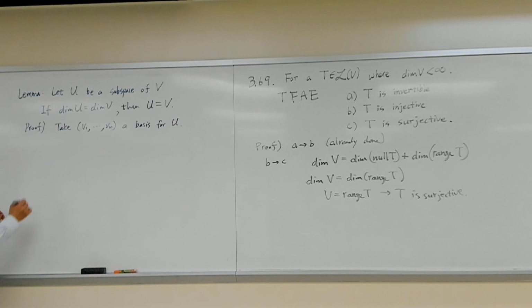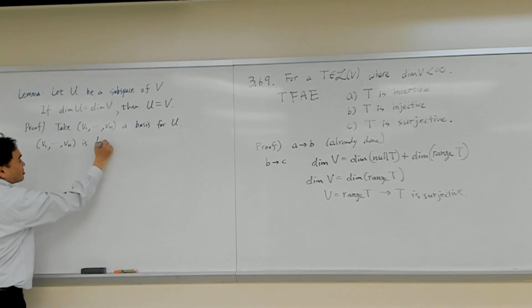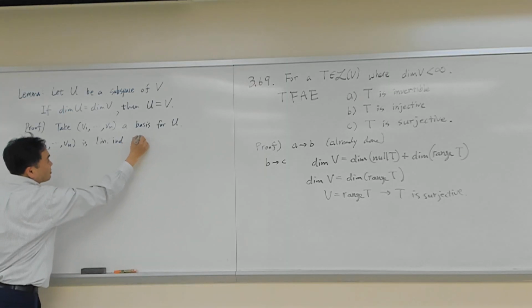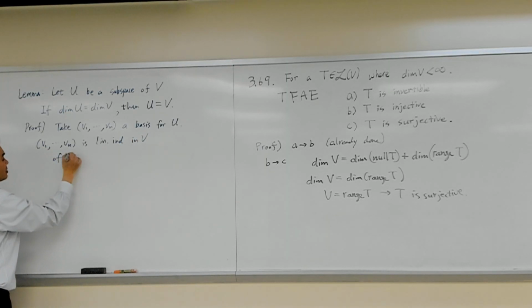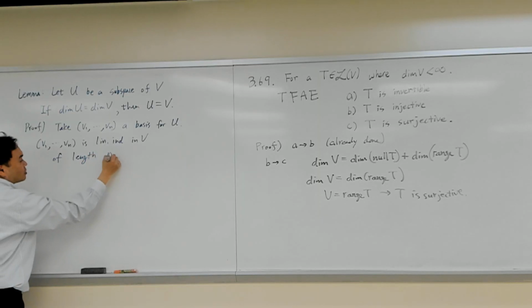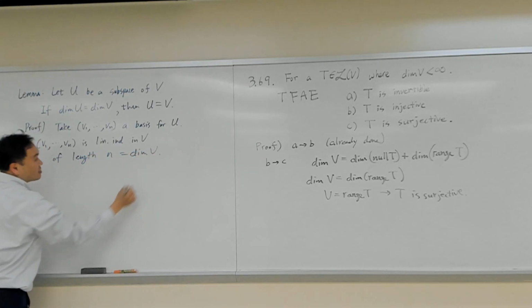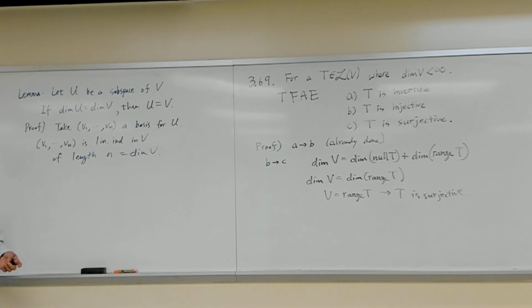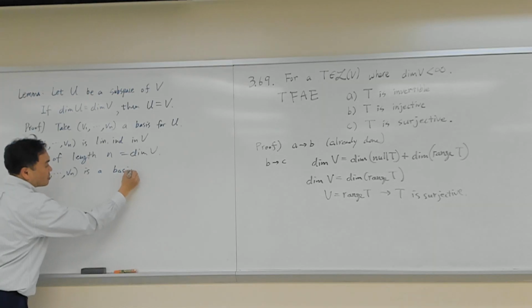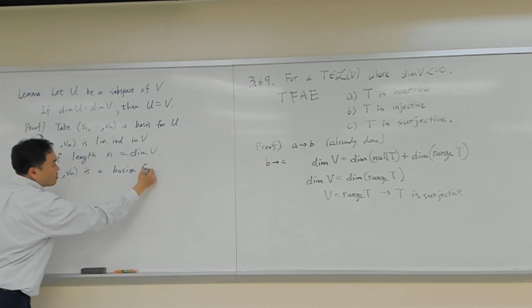But then that means v1 through vn is linearly independent in V of length n, which is the same as the dimension of V. And we proved using those arguments before that a linearly independent list of the right length is a basis, right? So v1 through vn is a basis for V. Okay?